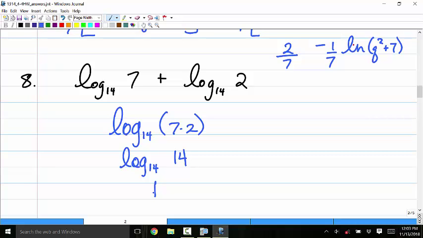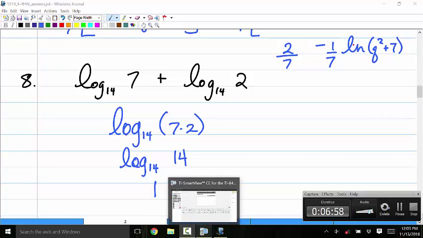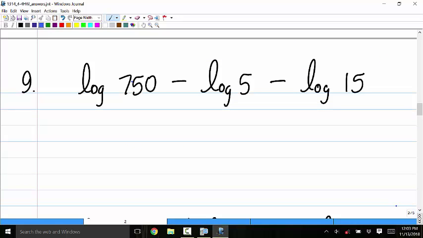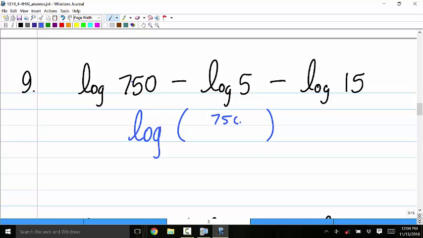Number 9. Okay, for number 9, log 750 minus log 5 minus log 15. They're all base 10, so I'm going to write one big log base 10. The only number in the numerator will be 750. The two numbers in the denominator will be 5 times 15.